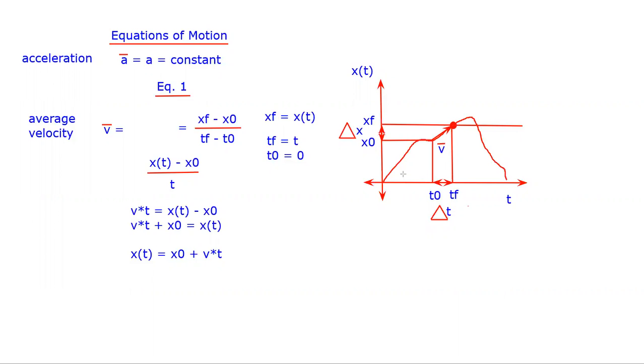And so the final time is going to be variable too. So that's going to go to t. That's going to be our variable. And our initial time, we can always make equal to 0. And that's equivalent to starting a clock at 0. There are times where we could start the clock and then start the motion at some time after we started it.